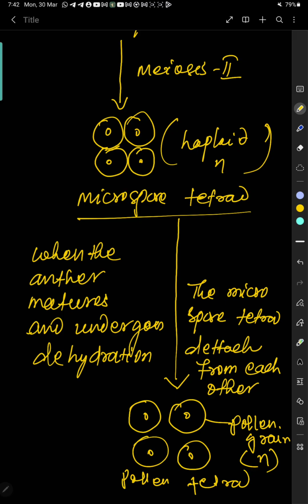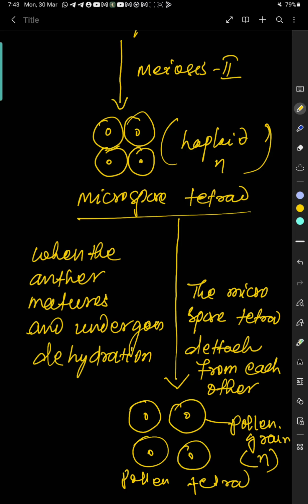So in a microsporangium, how many pollen grains are produced? Is it similar to the number of sporogenous cells present in it, or something else?